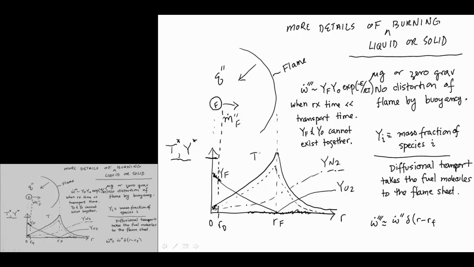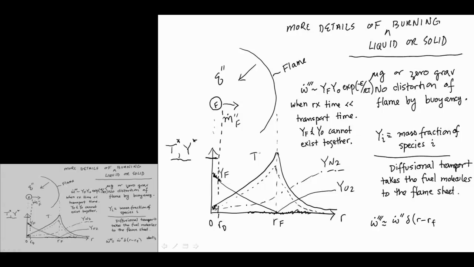So there's this infinitesimally small reaction zone located at RF that consumes the fuel, consumes the oxidant, and produces the products. So this is again sort of like an idealization of what this might look like.